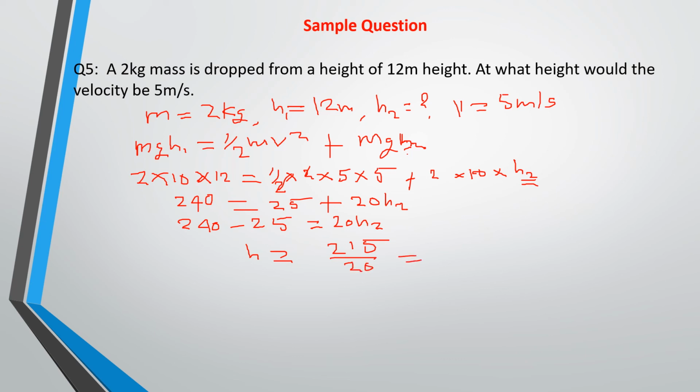So by the time you work this out, you will have that h is equals to 10.75 meters. So this will now be the height at which the velocity will be equals to 5 meters per second. So you see, this is how to apply these formulas to solve any problem. Please try your hands on more problems for deeper understanding.